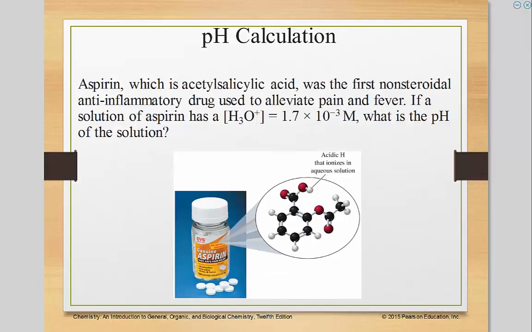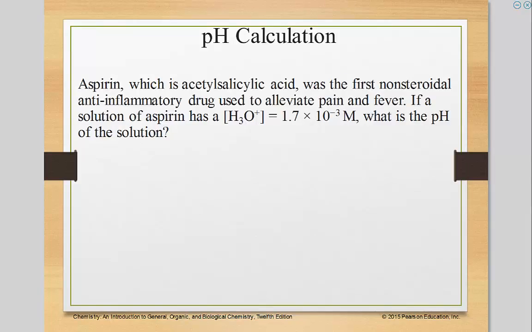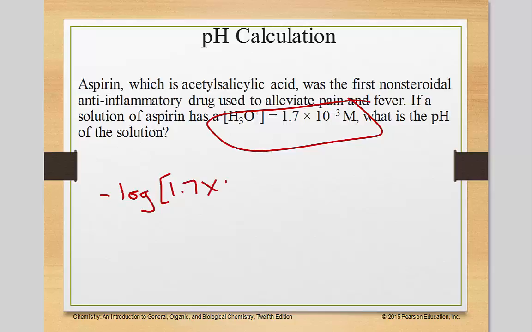Alright, so let's do a practice. This is aspirin. Aspirin is considered acidic. That's why doctors tell you not to take too much of it because it will upset your stomach, or that's why you sometimes get an upset stomach when you do take aspirin. But let's say that the aspirin has a solution, and a solution has a H3O plus concentration of 1.7 times 10 to the negative 3. That means to type this in, 1.7 times 10 to the negative 3.